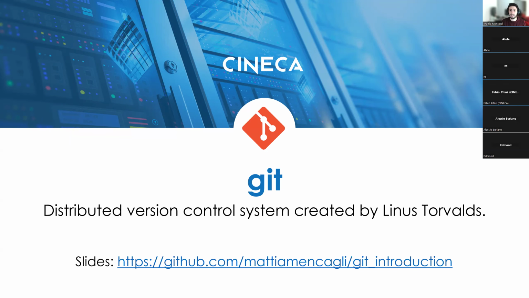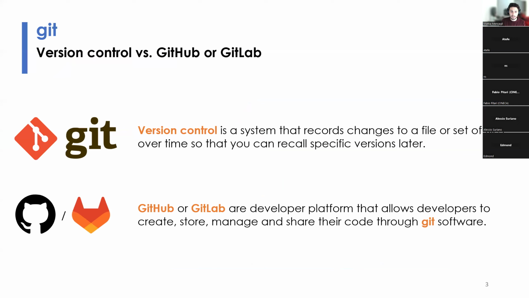So let's start by seeing the difference between Git versus GitHub or GitLab, which sometimes get confused. Git is a version control system. It records changes to a file or set of files over time so that you can recall specific versions later. Therefore, you can also use it completely locally on your machine to just track the versions of your code.